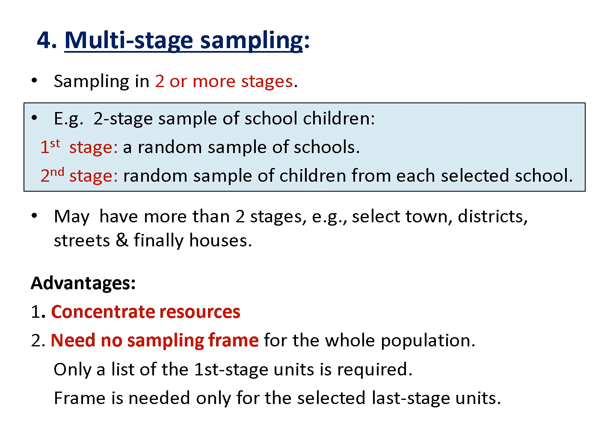For example, selected towns, and then selected districts from each town, and then selected streets from each district, and finally houses. The advantage is that it concentrates resources, because it decreases the number of individuals on which we do our study. And also it needs no sampling frame, no need to do framing of the whole study population. Only a list of the first stage units is required. A frame is needed only for the selected last stage units.